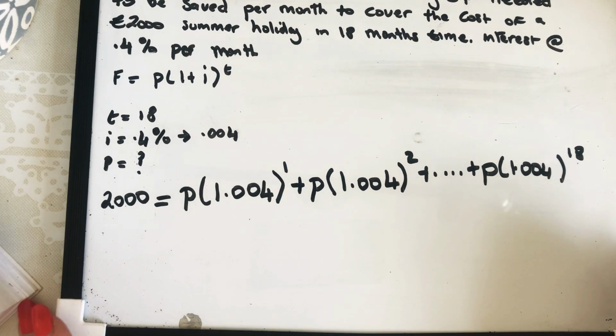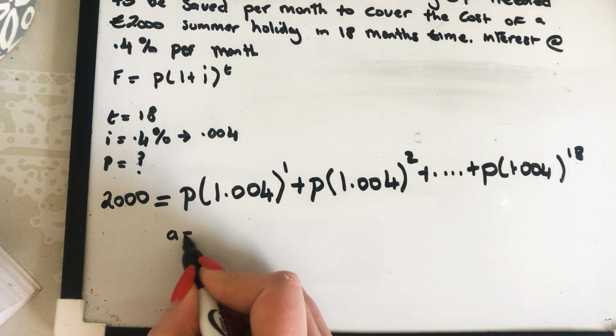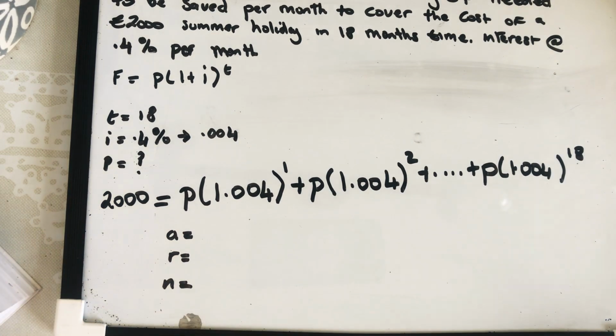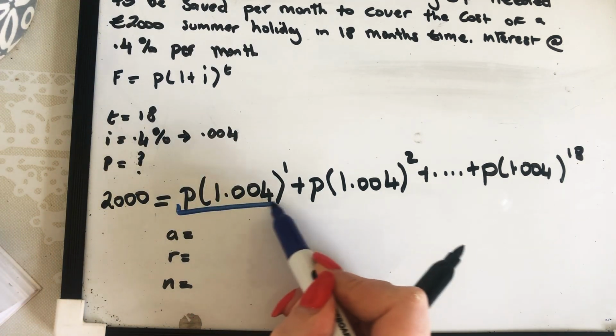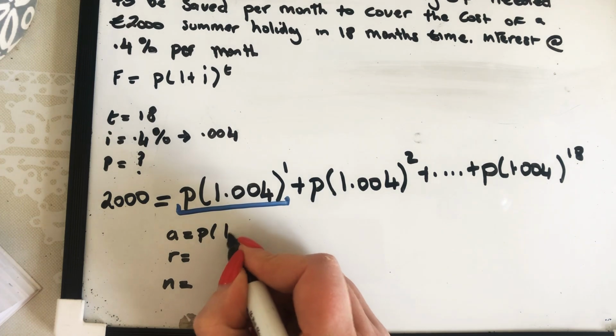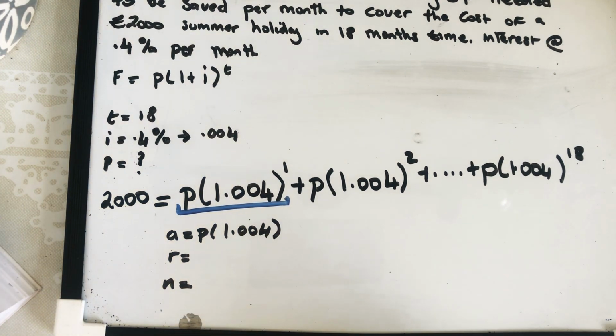Now from this geometric series, we can find out what is the a, the r and the n. Well, our a is our first term, and we can see that our first term is this: P(1.004). Our r is our common ratio.